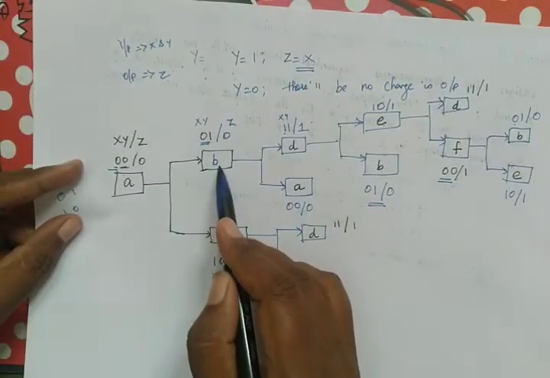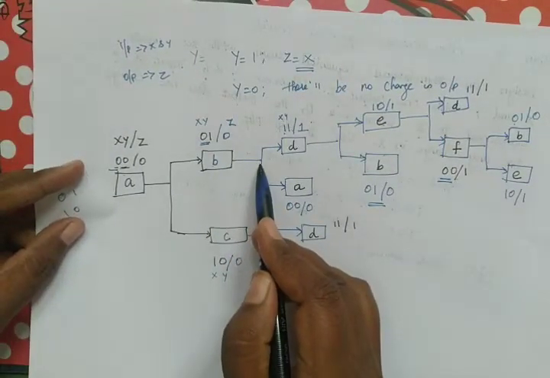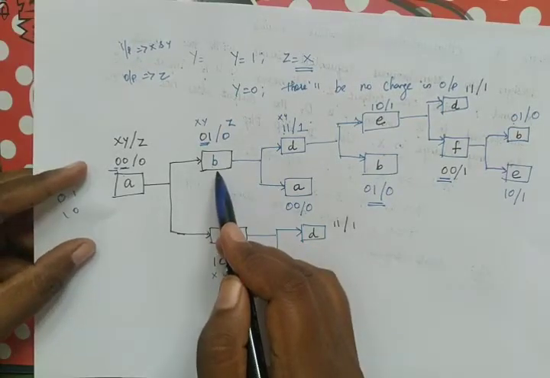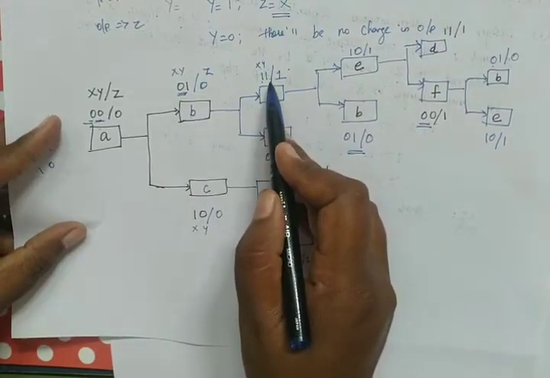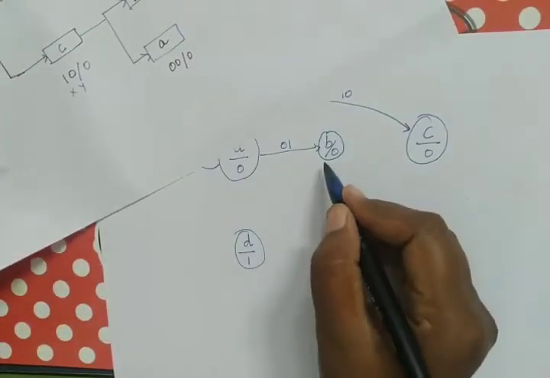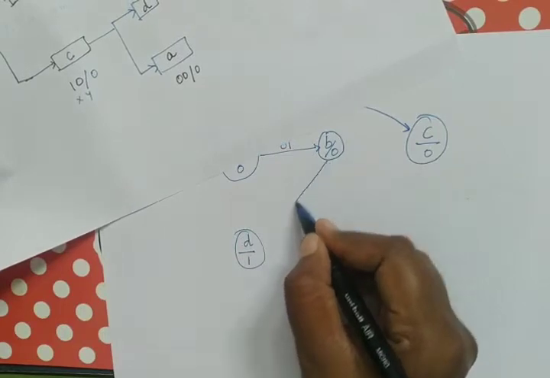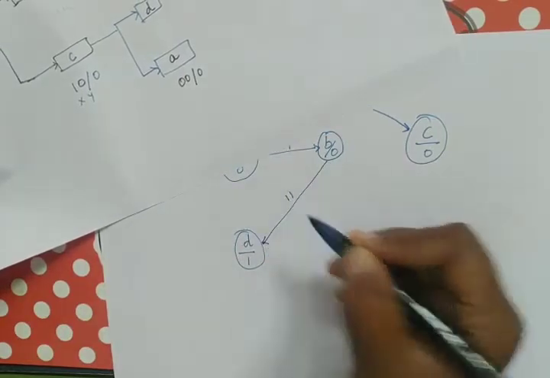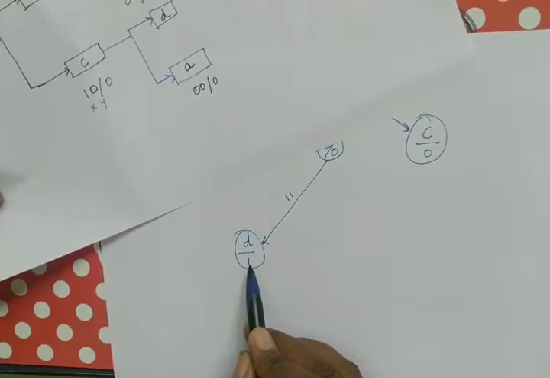Here, B when it is 1 1 goes to D, and the output is 1.